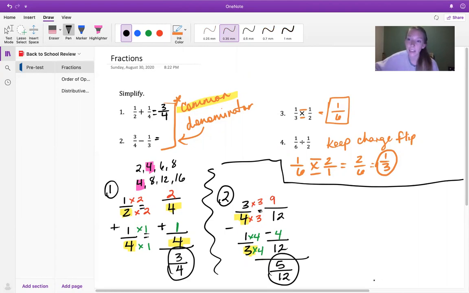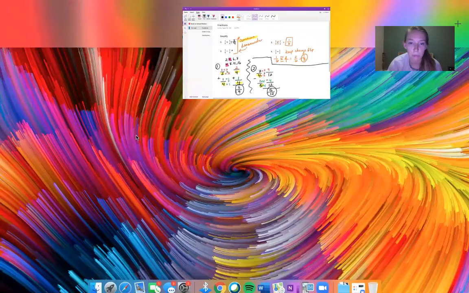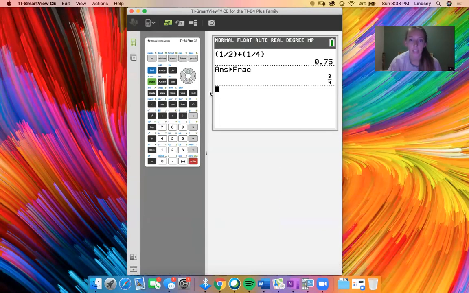Let's see if our handy little calculator trick gives us that same answer. What was it, just so I don't forget? 3/4 minus 1/3. So I open up my parentheses: 3 divided by 4, close parentheses, minus, open parentheses, 1 divided by 3, close parentheses.